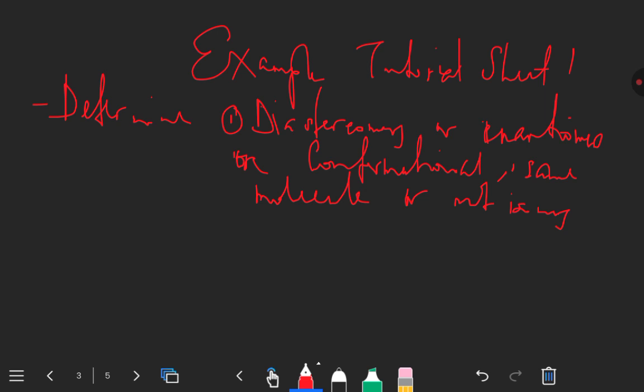So let's start with the first one. The first one we've been given is a Newman projection. So we have CH3, then with hydrogens like that. So we have a staggered configuration of that kind. This is a Newman projection which is known as staggered.